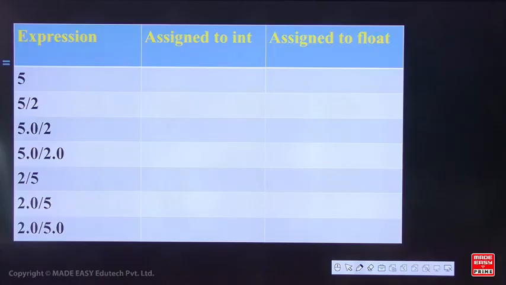Yes sir. Rikati, yes, that will be error. Pavan Kumar Mishra, that is 0.4 only.